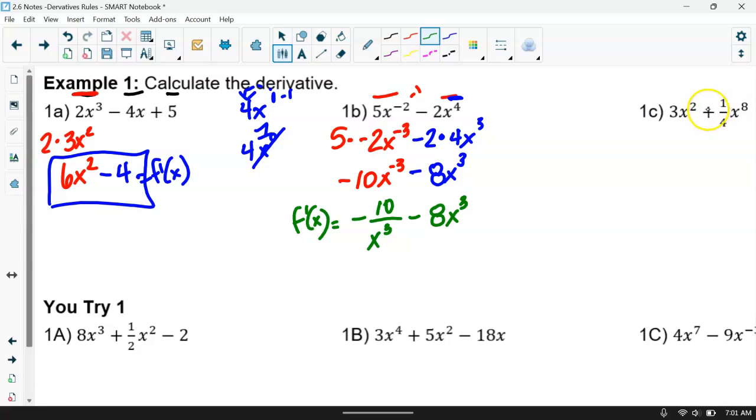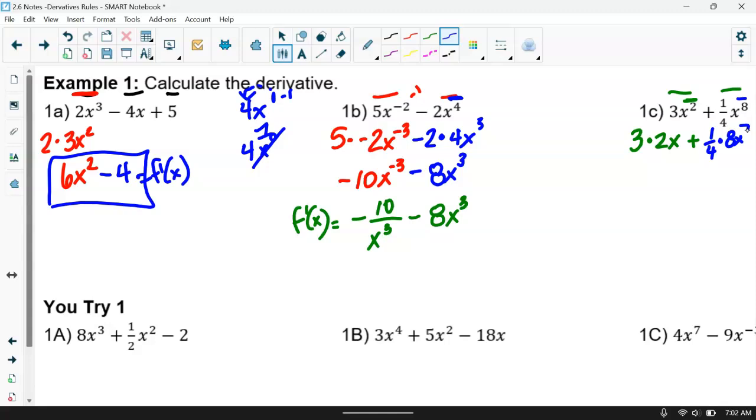Then our last one here. Notice how we're adding two different terms together. So we're going to find the derivative. For the first, that is 3 times 2x, our derivative of x squared is 2x. Then plus 1/4 times the derivative of 8x to the 8th, which is 8x to the 7th.